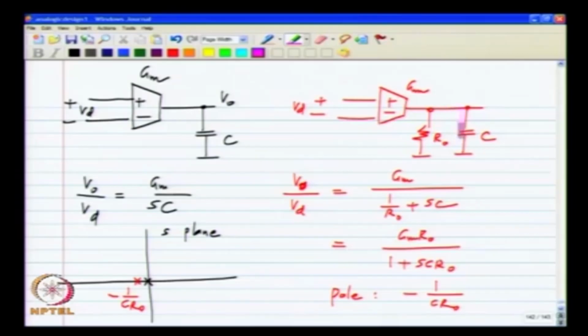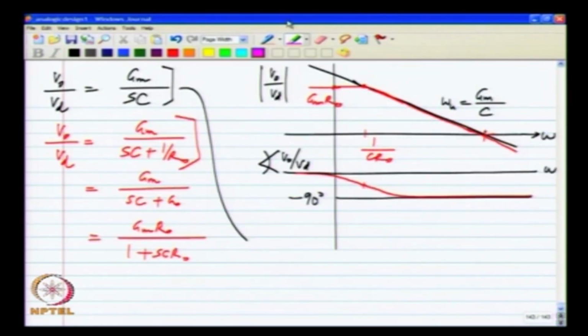So, all or most of the current from Gm goes into the capacitor, which is the same as in the ideal case. So, at high frequencies these two are more or less the same, at low frequencies they are not the same, because the current from Gm goes through R naught here, whereas here even at low frequencies it has to go to C. And from the analysis also it is clear, at low frequencies there is a difference in characteristics, at high frequencies there is no difference.